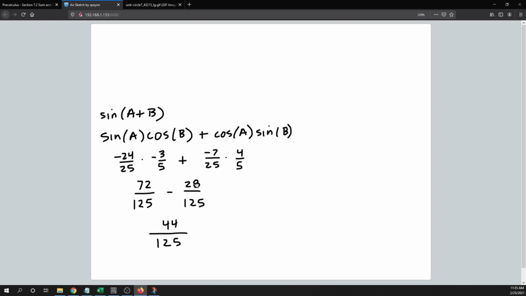I think that's right. 28 plus 44, yeah, 72. All right, and that is it. They wanted us to express the answer as a fraction, so the answer would be this, and you can't reduce this anymore. So this would be the final answer on that one.